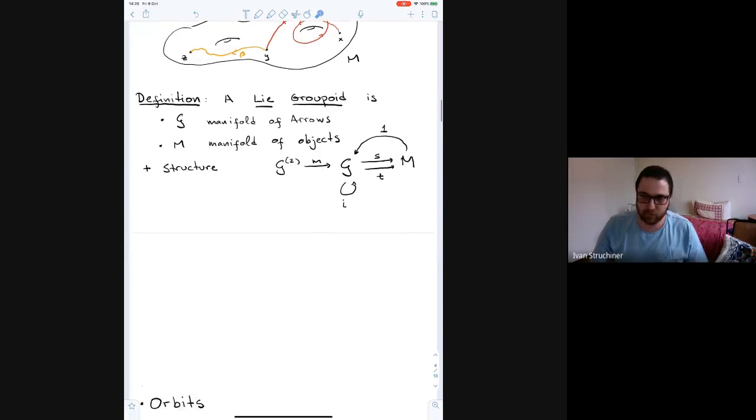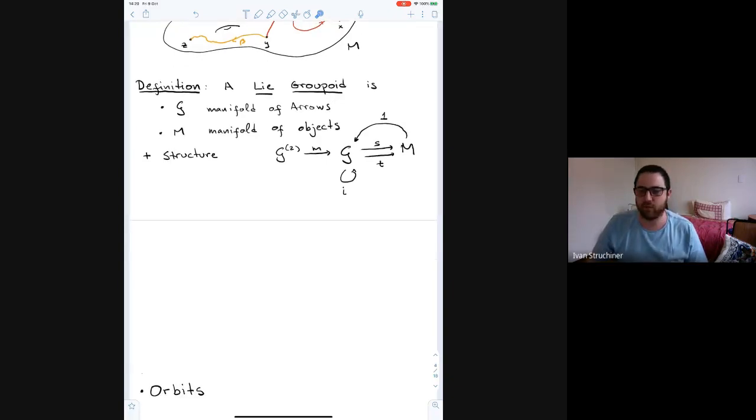So here's the definition of a Lie groupoid, and I'll try to write it while I go. So a Lie groupoid is composed of two manifolds, a manifold G, which we think of as a manifold of arrows. So the points in G are arrows between points in M, which we call the manifold of objects.